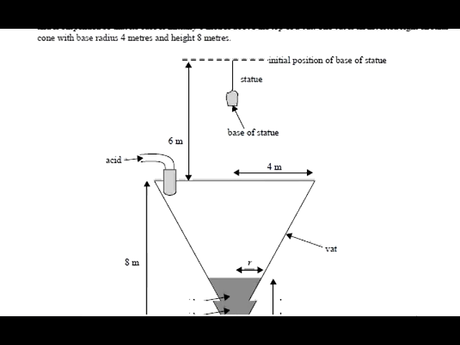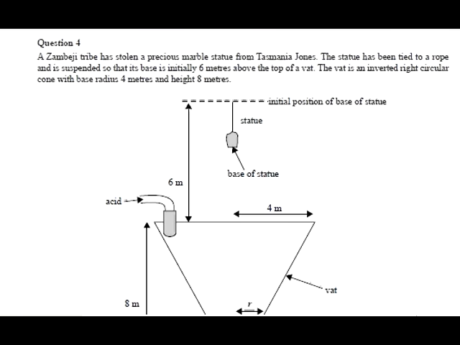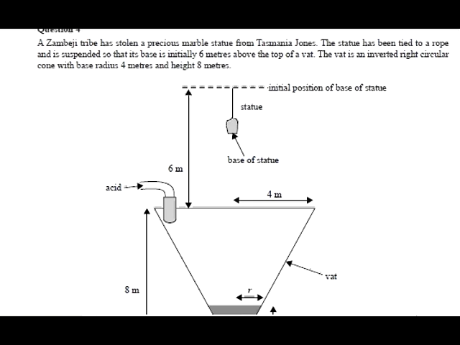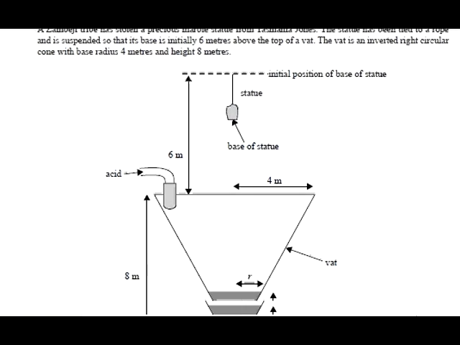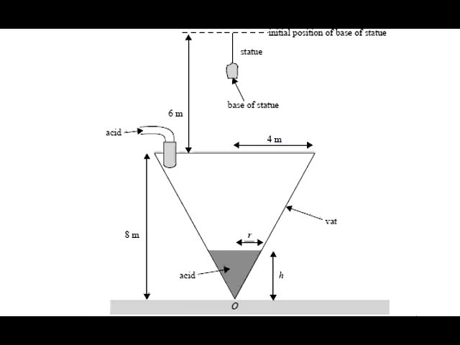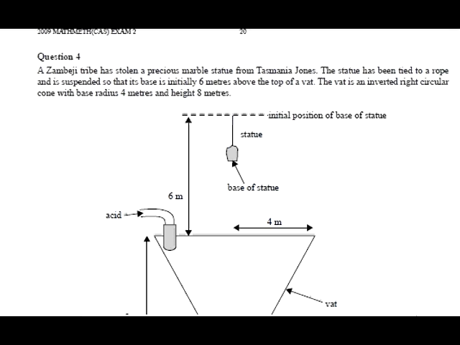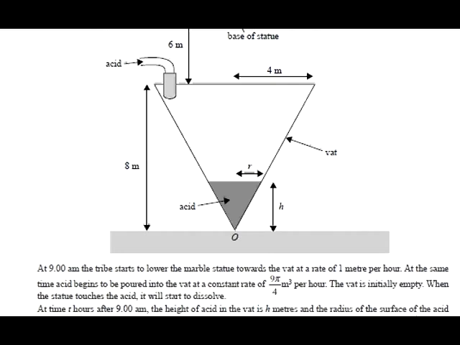So, complex looking diagram, dubious story about an adventurer, and essentially the deal is that this vat at the bottom, this inverted triangle, is getting filled up with some acid, and also this statue is getting slowly lowered into the acid.